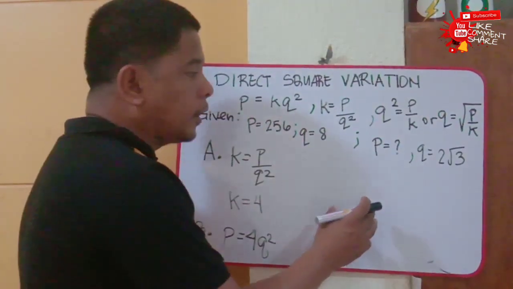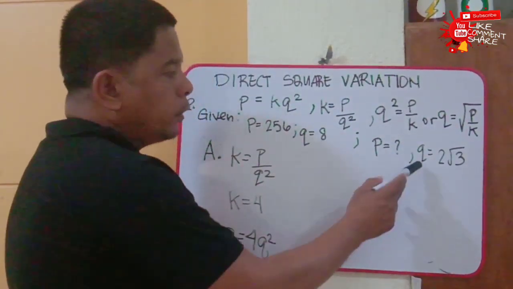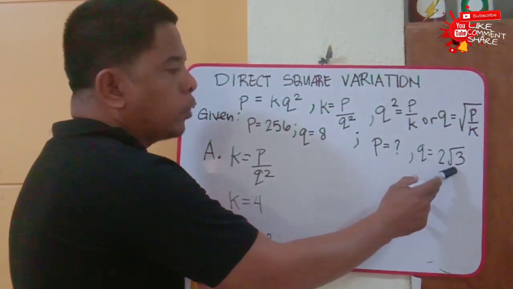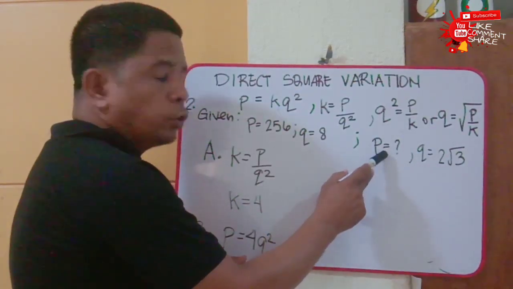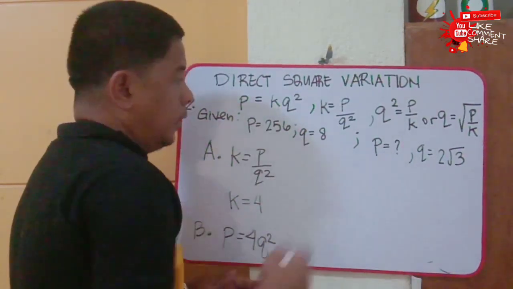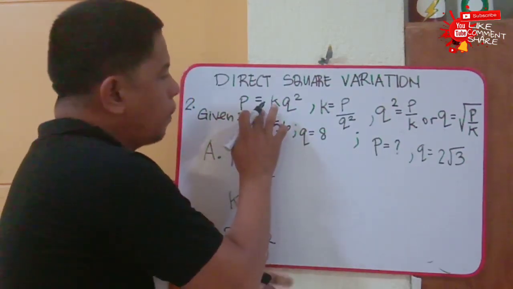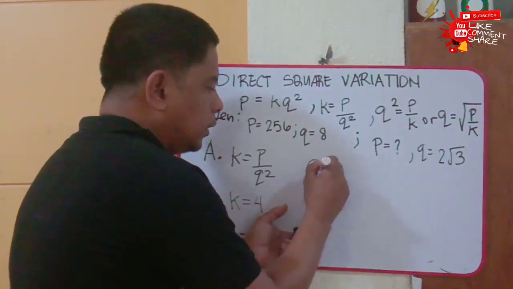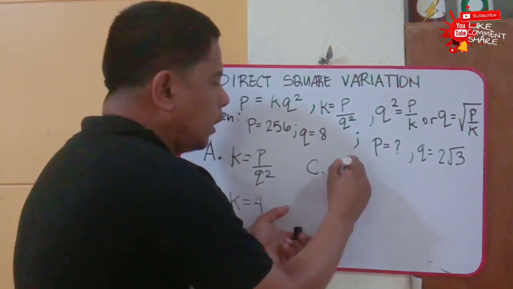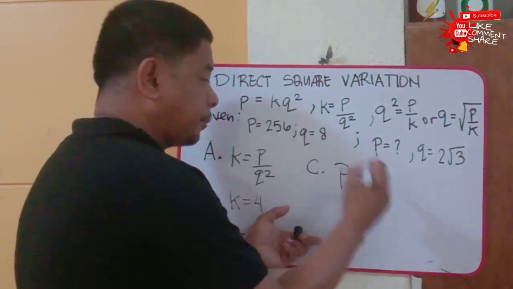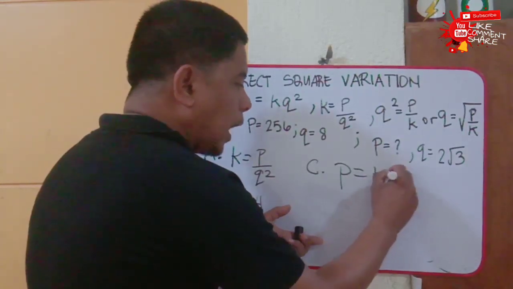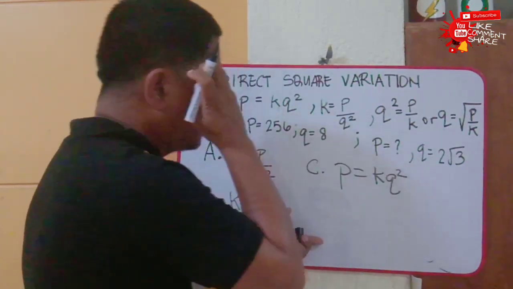So, next, letter C. When Q equals 2 square root of 3, the question is what is the value of P? So, ano ang hinahanap ay P? Ito ang gagamitin natin formula. So, letter C. So, P equals K times Q squared. Okay.